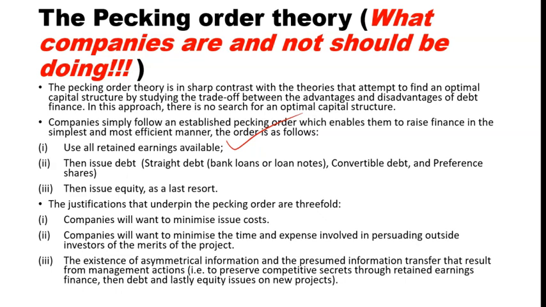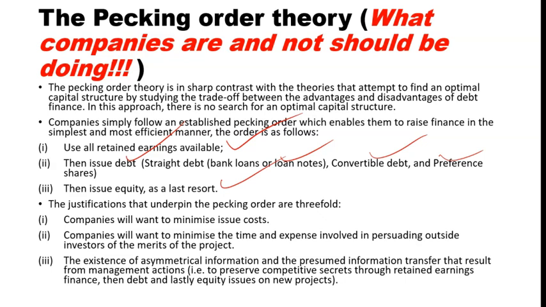Then we engage in debt finance, starting with a bank loan or loan notes, then convertible debt, and then preference shares. Then we resort to ordinary share capital as a last resort.